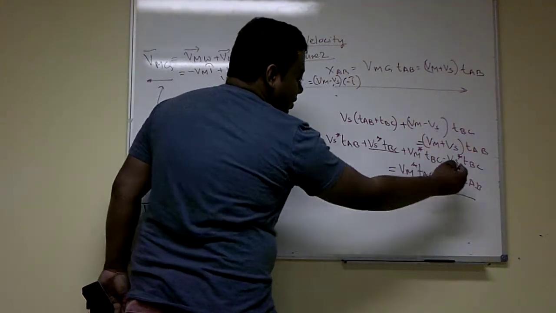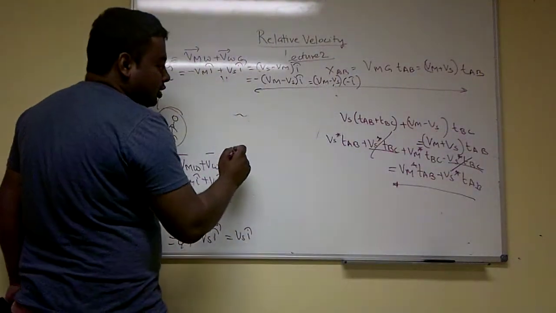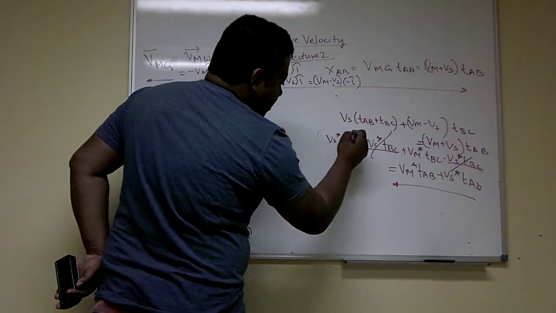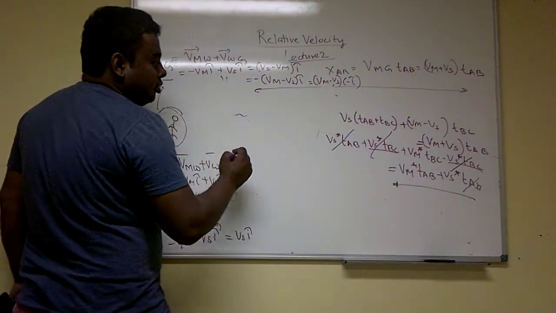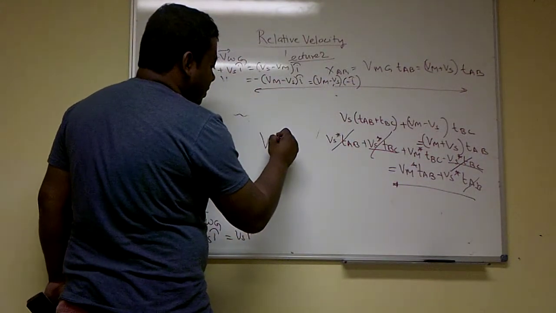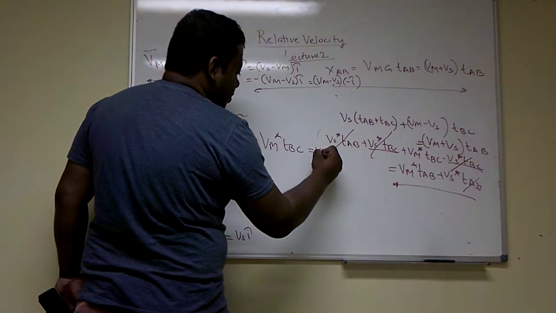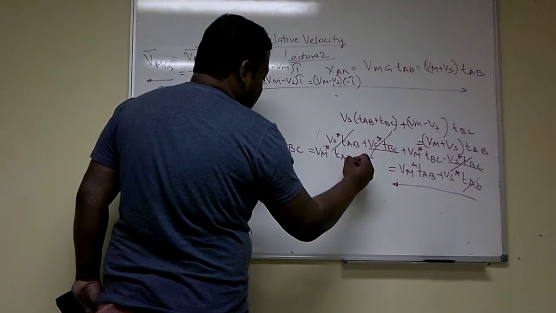Vs times TBC and this term both cancel each other. Then this Vs times TAB term cancels over here. So we got Vm times TBC equals Vm times TAB.